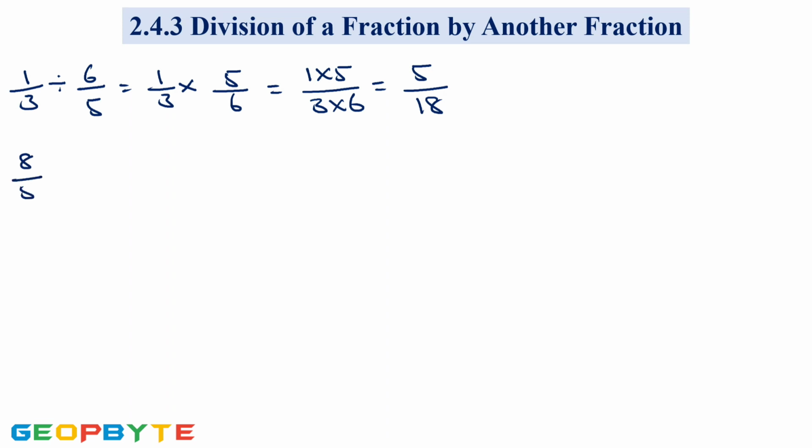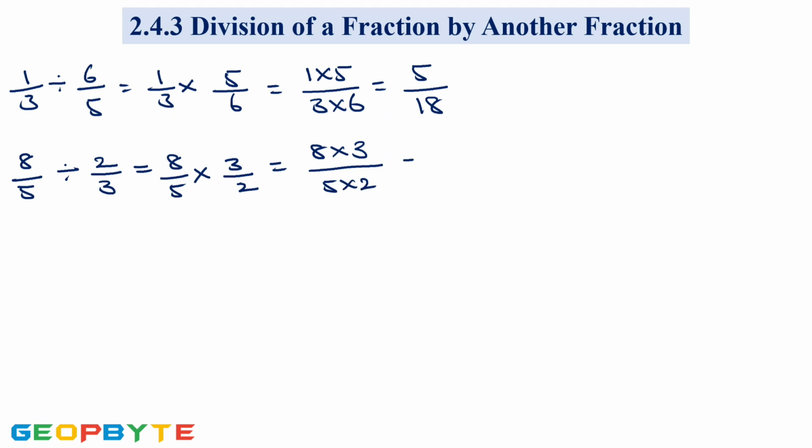8 by 5 divided by 2 by 3, which is equals to 8 by 5 into reciprocal of 2 by 3. The reciprocal of 2 by 3 is 3 by 2, which is equals to 8 into 3 by 5 into 2, which is equals to 2 ones are 2, 2 fours are 8.